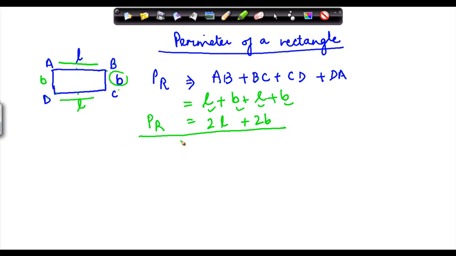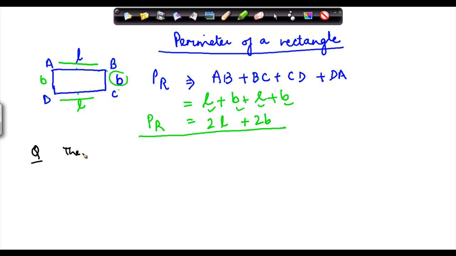Now, in your examinations or in your course or wherever you are, you may be given certain situations where, say, suppose you are given a question.